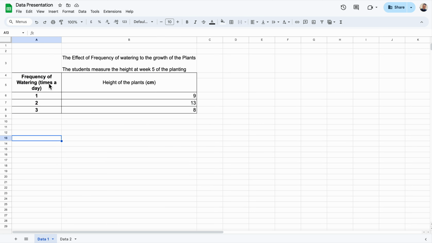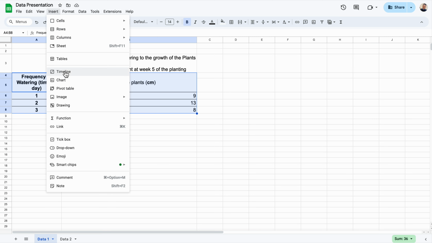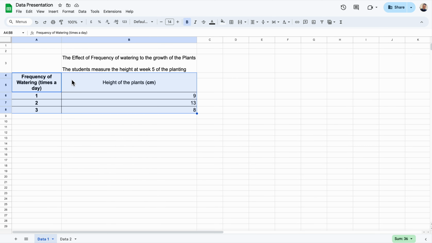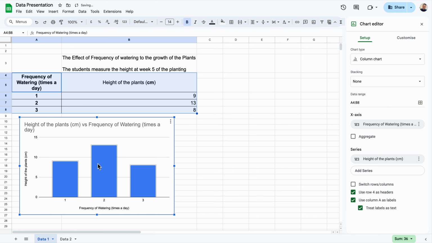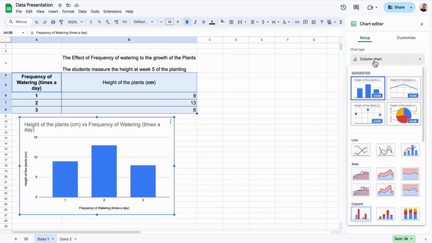Again, block the table, then click insert, and scroll down until you see chart. Chart, and directly there is a table in there. If you go to chart type, there will be a column chart, or we call it a bar graph, because it is like bars.